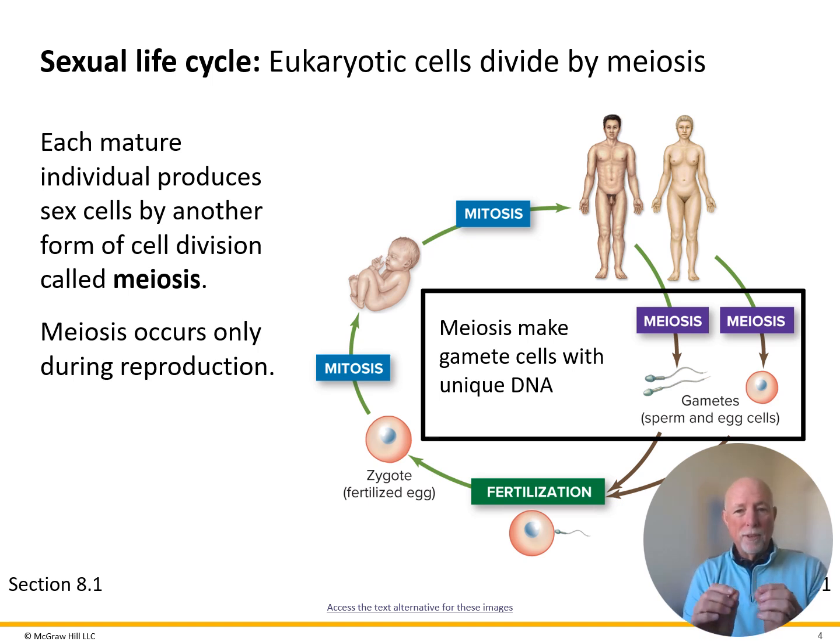So the difference between these two processes: meiosis occurs in the testes of males, the ovaries of females, also the ovaries of plants, and this specifically results in sex cells, what we call gametes: sperm cells, egg cells, pollen grains.